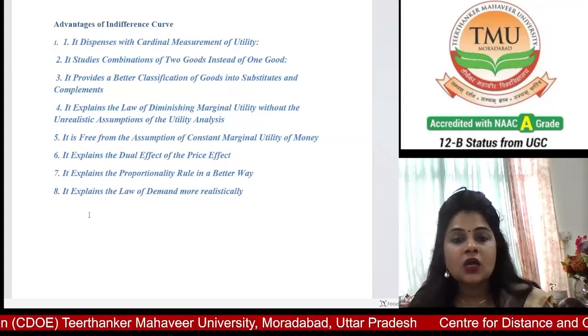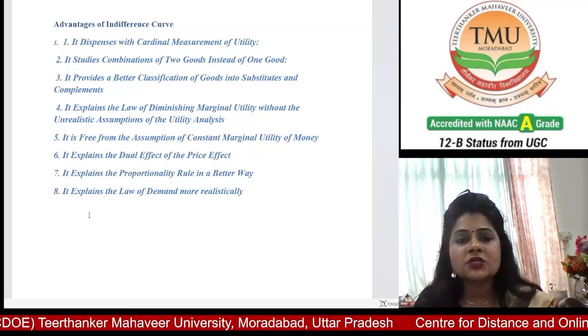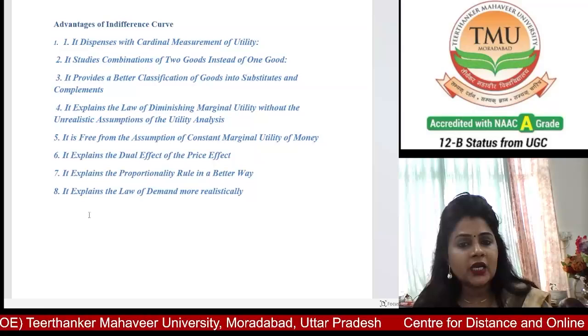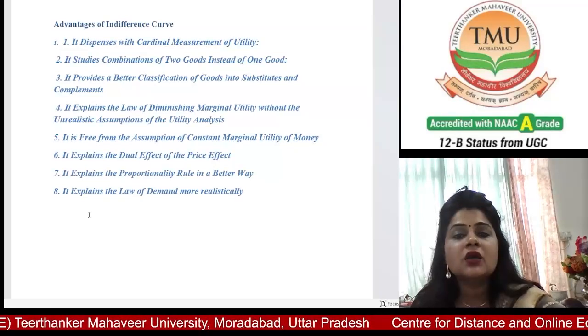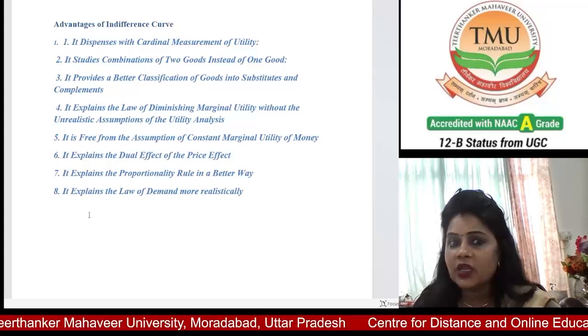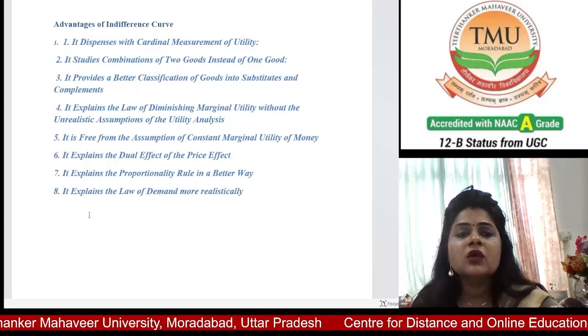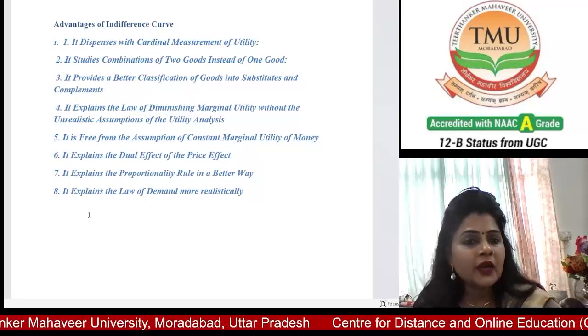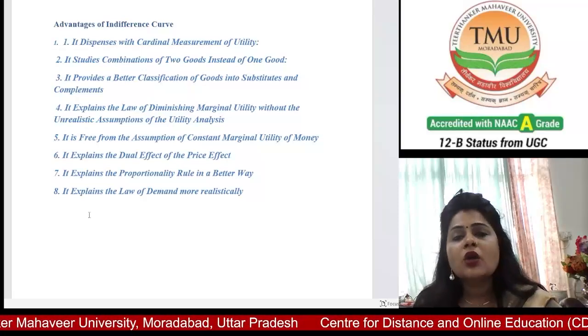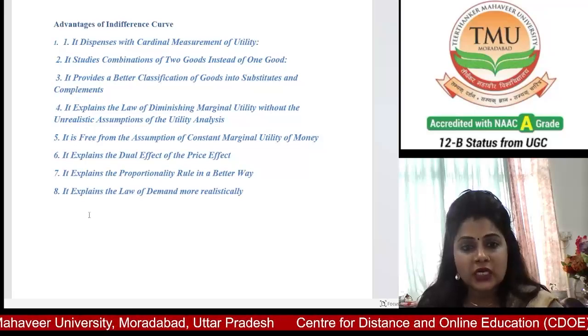It does not rely on the psychological assumptions of the utility analysis. It explains the effect of the fall in price of an inferior good on consumers' demand. Giffen goods, which remained a paradox for Marshall throughout, have been explained with the help of this technique.